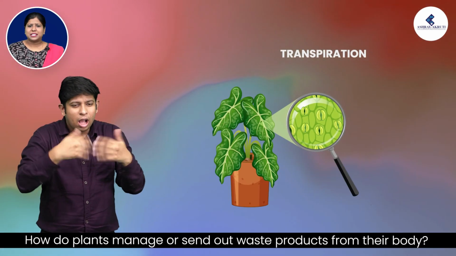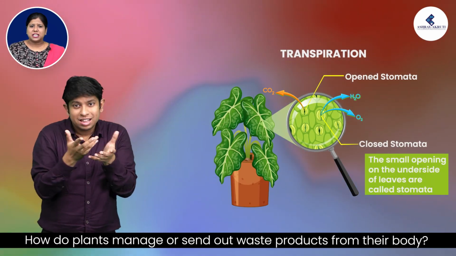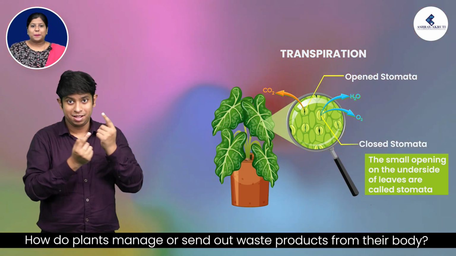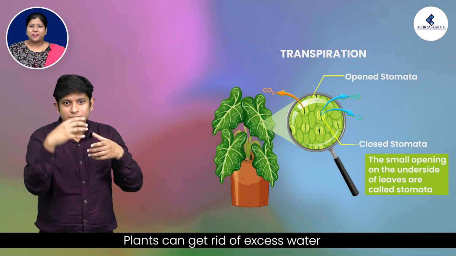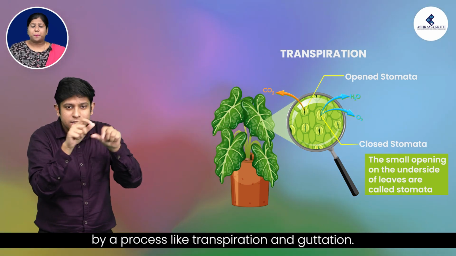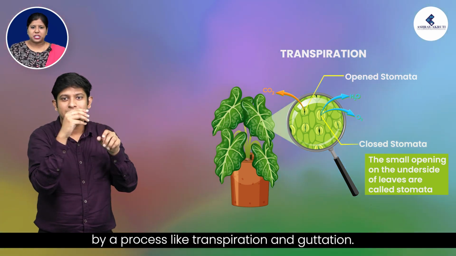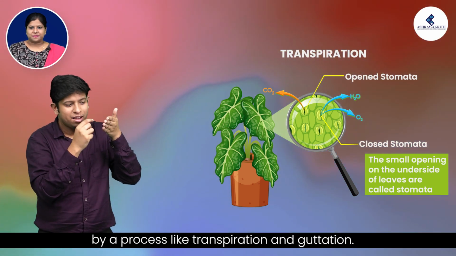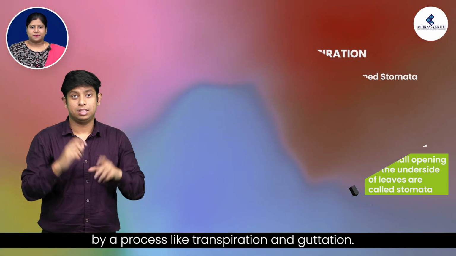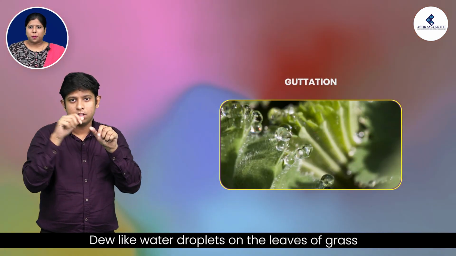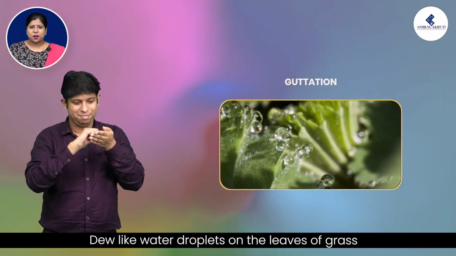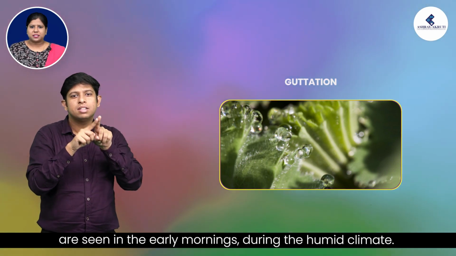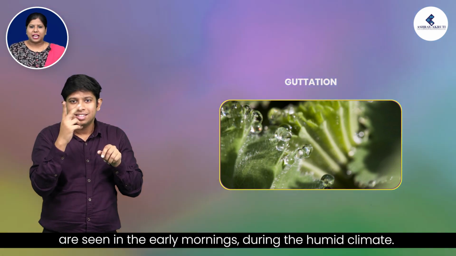How do plants send out waste products from their body? Plants can get rid of excess water by a process like transpiration and guttation. Dew-like water droplets on the leaves of grass are seen in the early mornings during the humid climate.